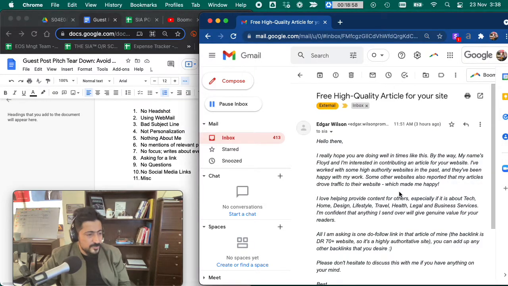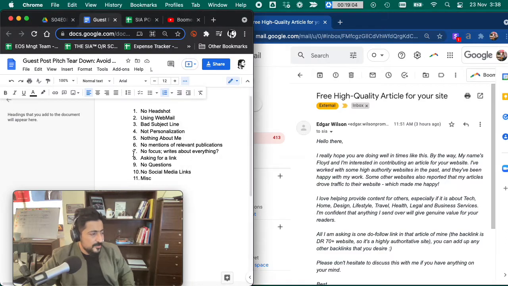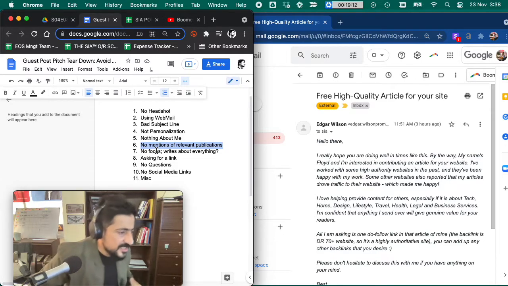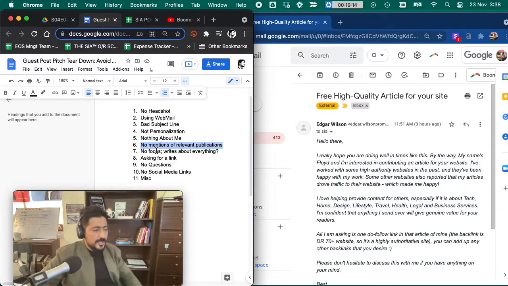Now this person is also saying that he has written articles previously and drove traffic to websites, but the mistake I think he's making here, mistake number 6, is that he does not even mention what kind of publications he has written for, right? But even if you are someone who has never written for a publication, the least you can do is use some kind of names there.